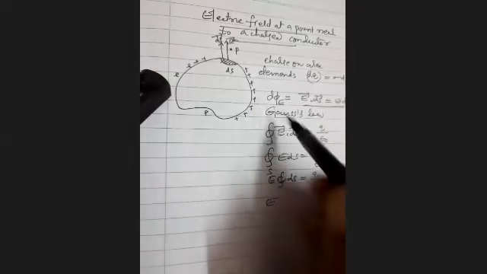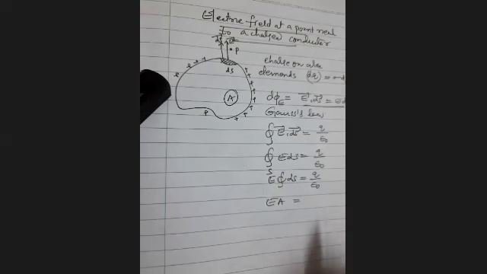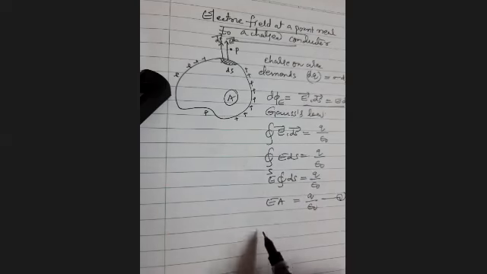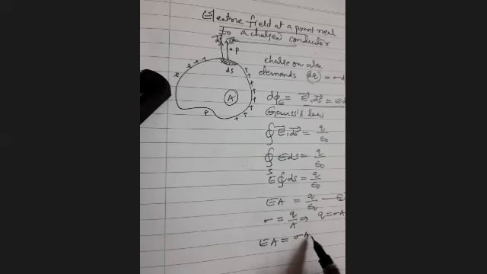E times the total surface area A equals q by epsilon naught, where A is the area of the surface of the charged conductor. But since we have the charge density sigma equal to q by A, q is equal to sigma A. Substituting that, EA equals sigma A by epsilon naught.